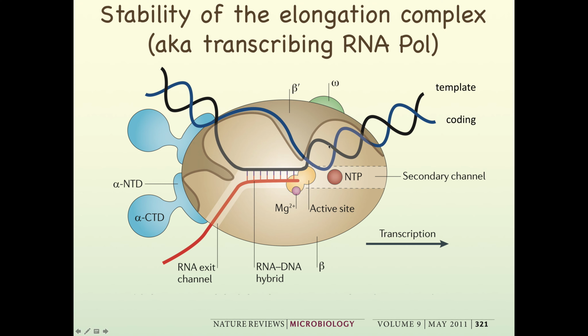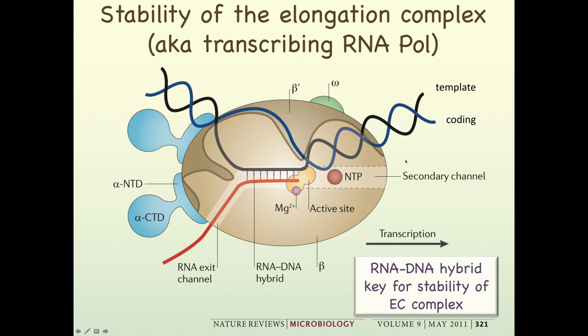Now, the interactions with the DNA stabilize this complex, but what's really important is this RNA-DNA hybrid that is absolutely key for the stability of this complex. There should be about 9 or 10 base pairs here of the RNA that's base pairing with the template strand within the transcription bubble. So disrupting this RNA-DNA hybrid is going to be key for disrupting the complex and terminating transcription.